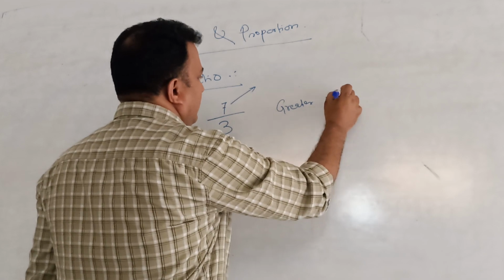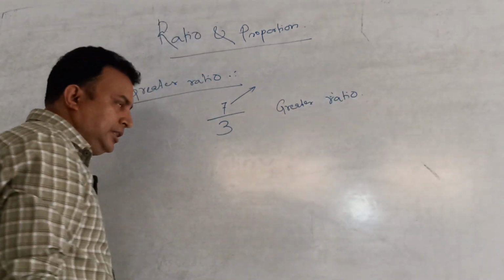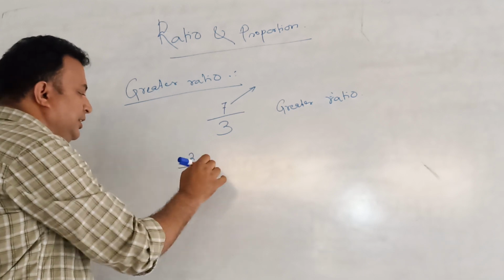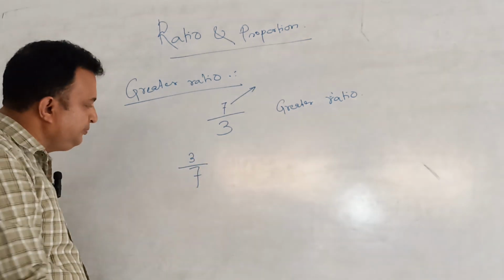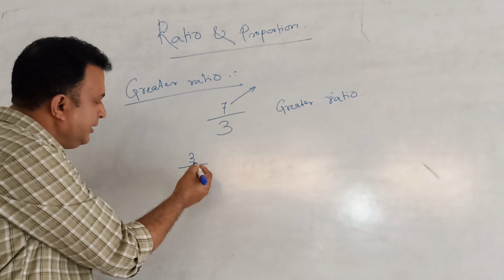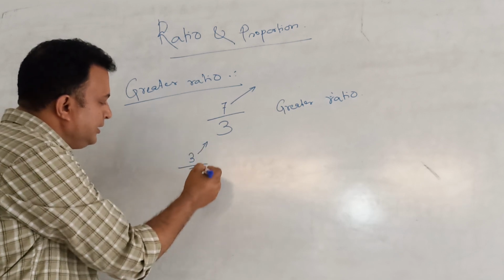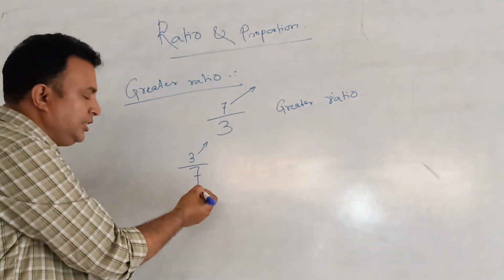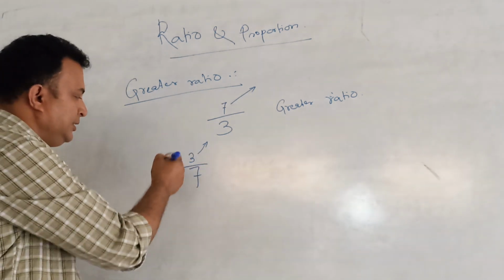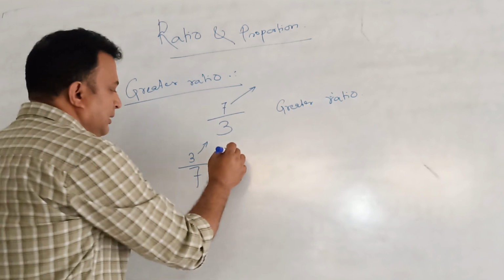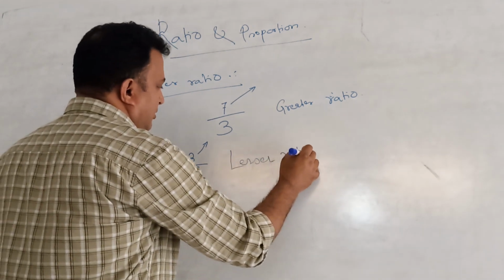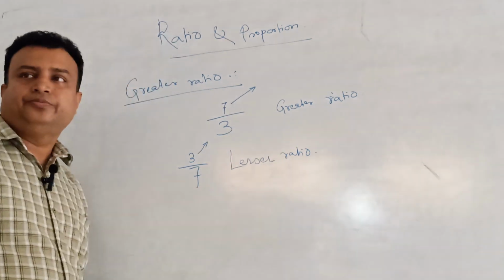On the other hand, if a ratio is 3 by 7, here you can see that 3 is smaller than 7, that is antecedent part is smaller than the consequent part. So it is an example of lesser ratio. Okay.